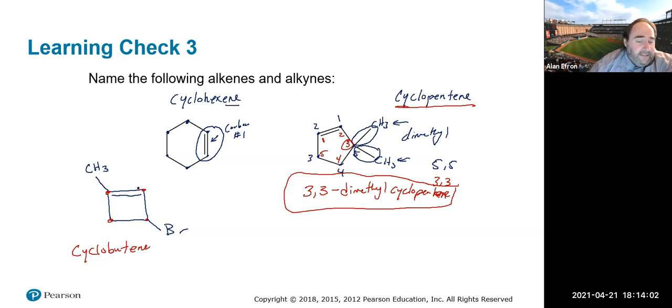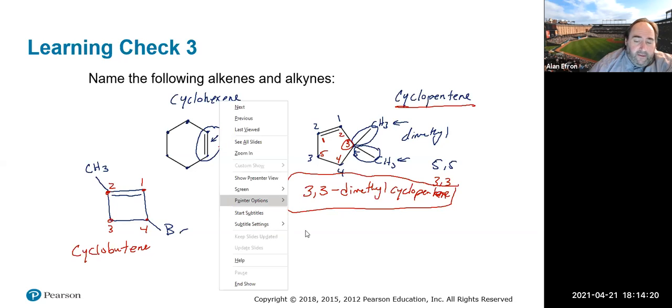Again, our double bond doesn't need to be numbered, but it is going to be carbon 1, which gives us 2 options in terms of numbering. 1, 2, 3, and 4 gives us a group at carbon number 2 and a group at carbon number 4 in the red direction.